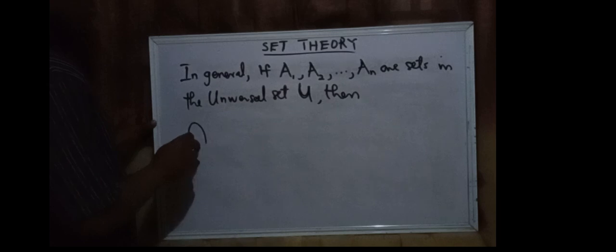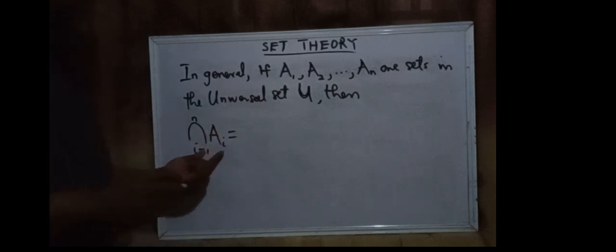If A1, A2 up to AN are sets in the universal set U, then you can see this is in general the intersection of the sets.